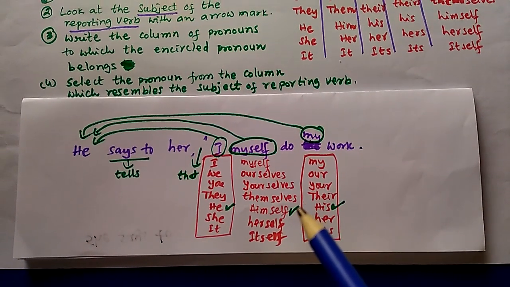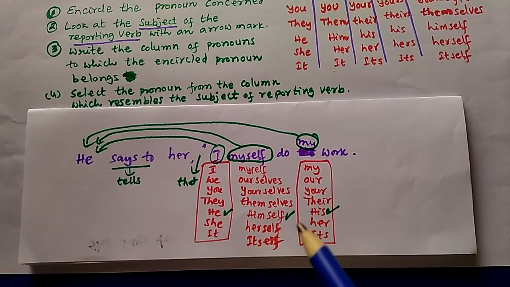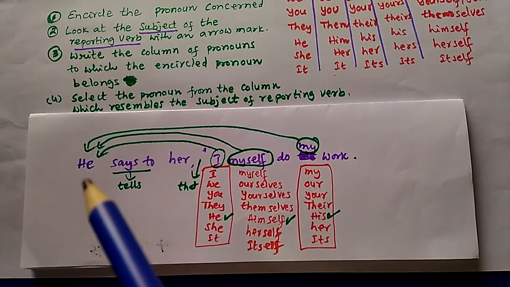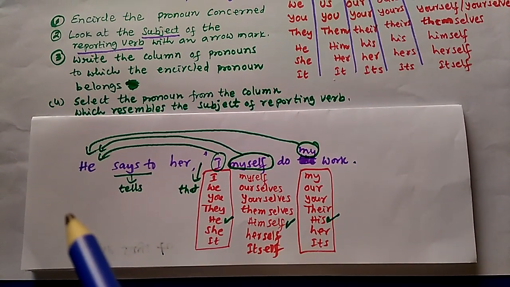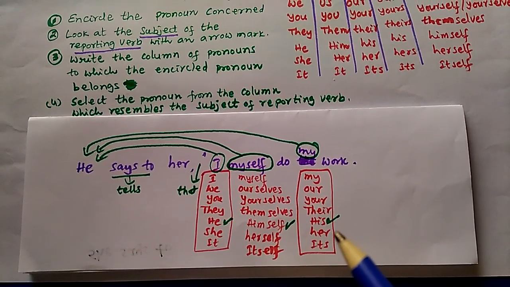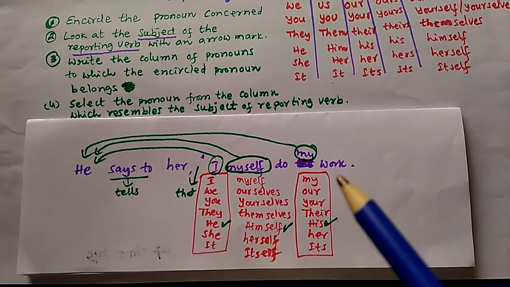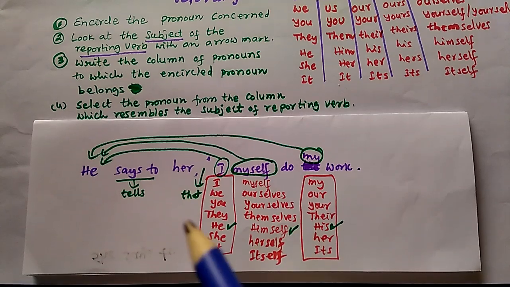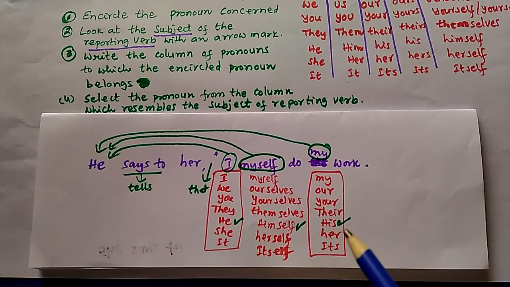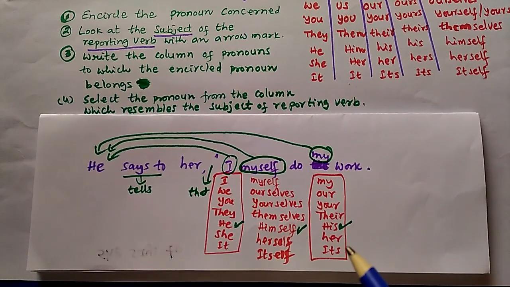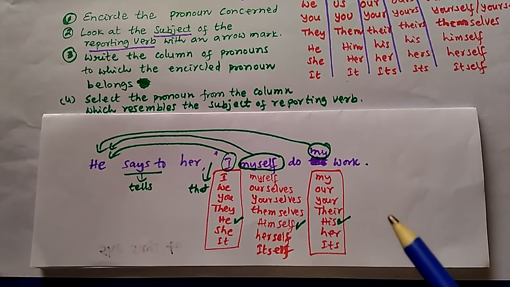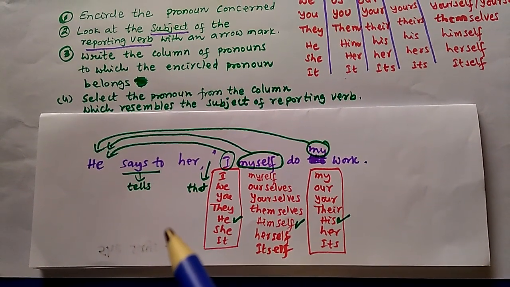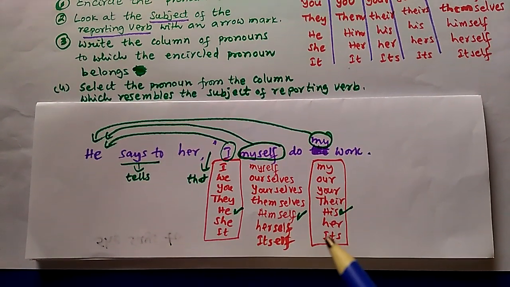So himself is chosen. And in this column, he is not found. But one of the pronouns out of this column is related to the subject he. Here his is related to he. So his is put a tick mark. And after selecting these, we can change the encircled pronouns.